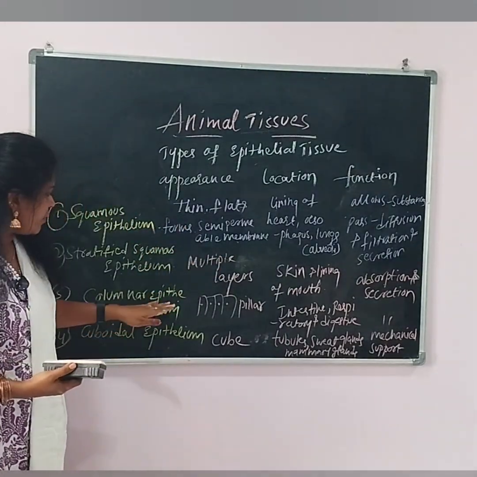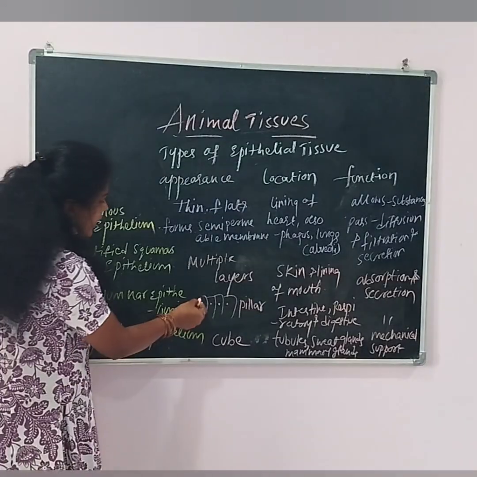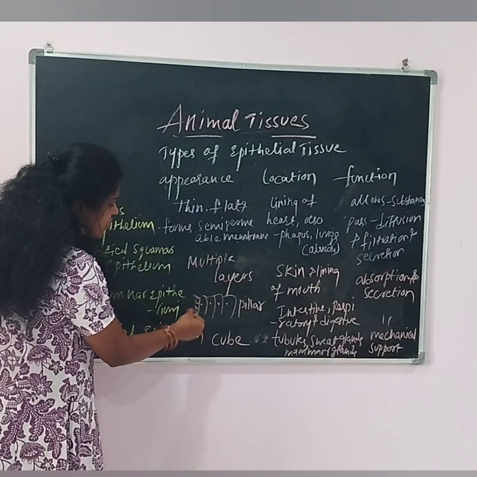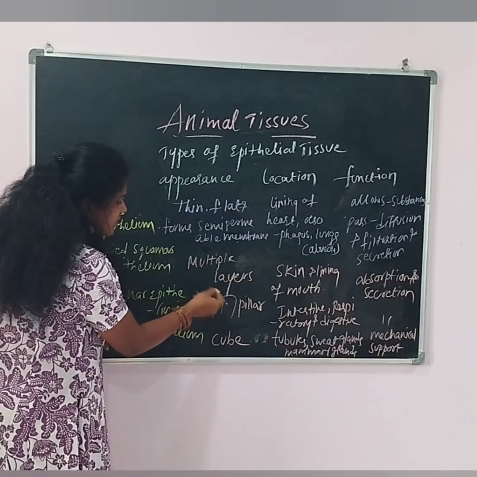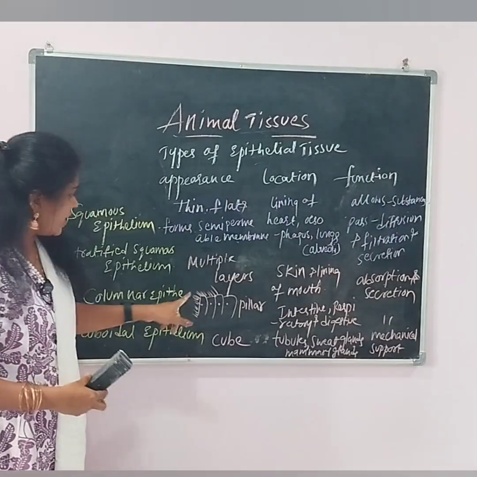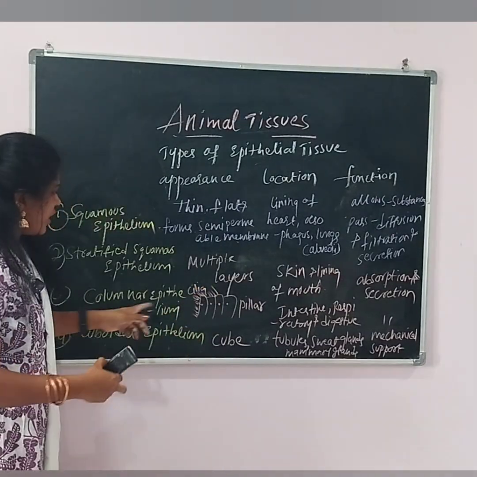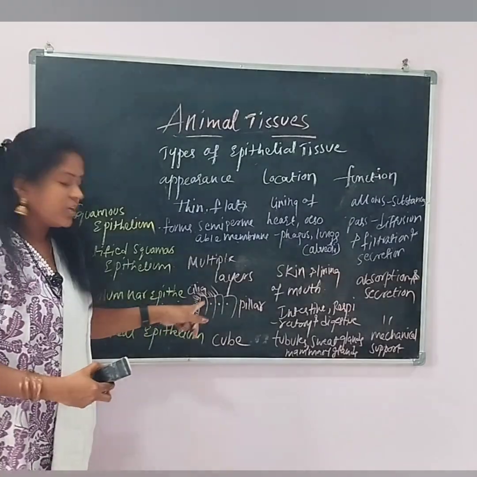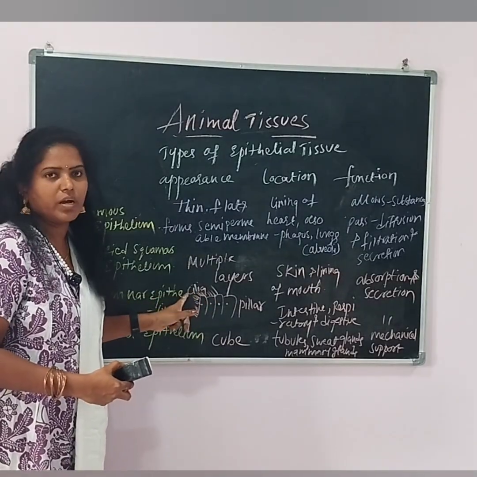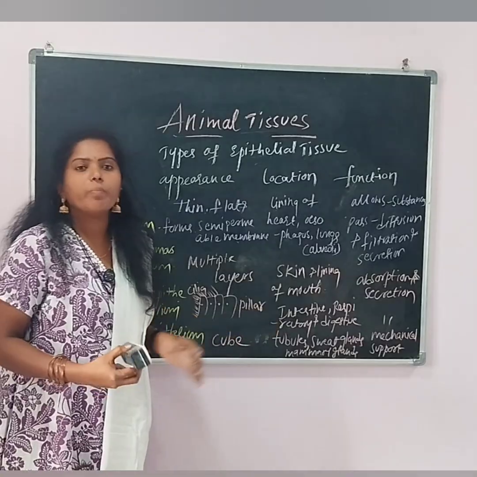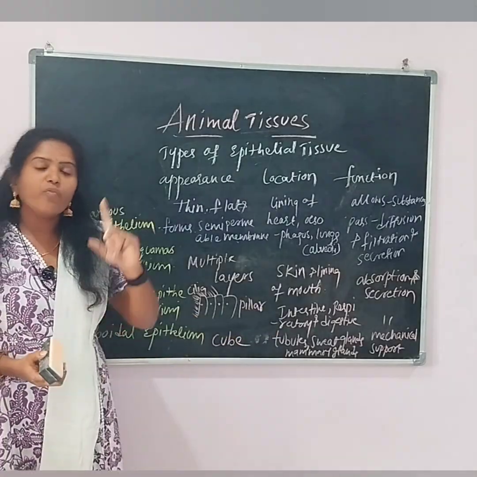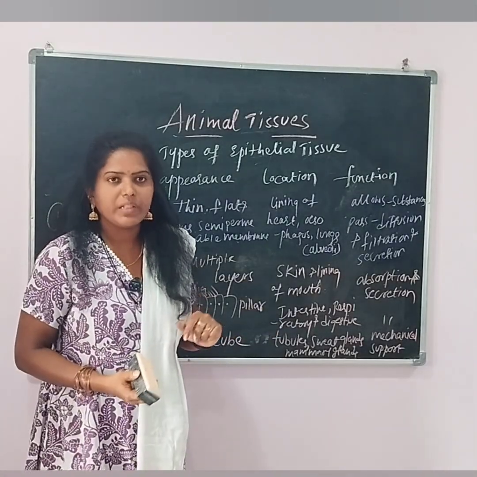And here, columnar epithelial tissue, if it consists of hair-like structures, cilia, that is called the ciliary columnar epithelium. And one more, glandular epithelium.